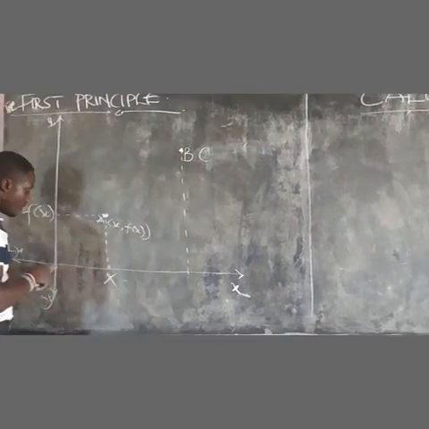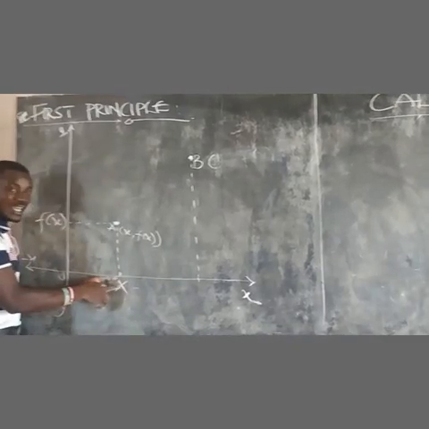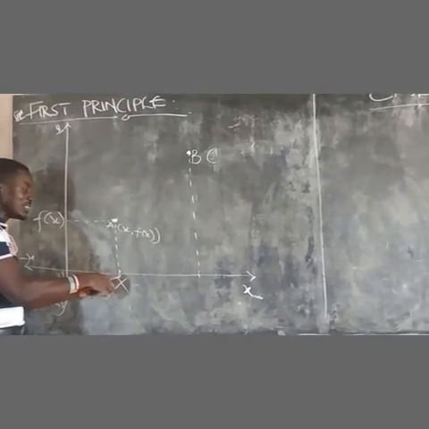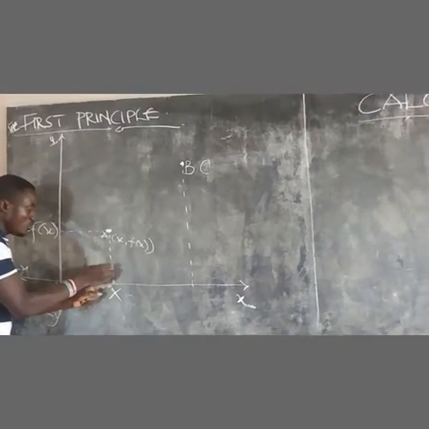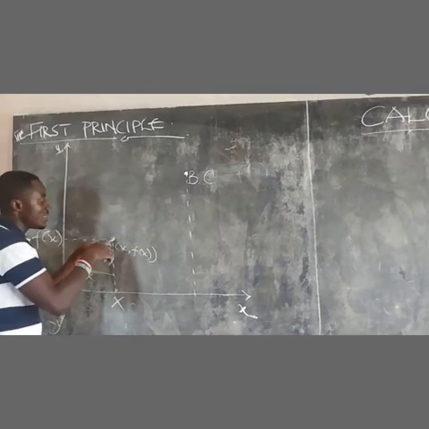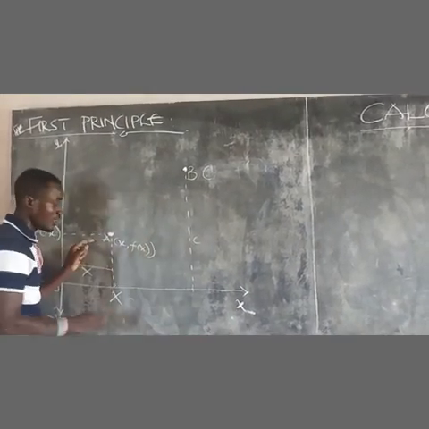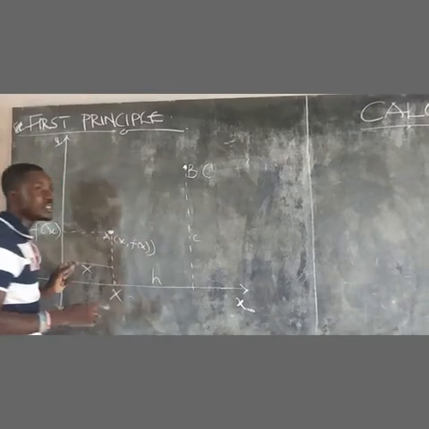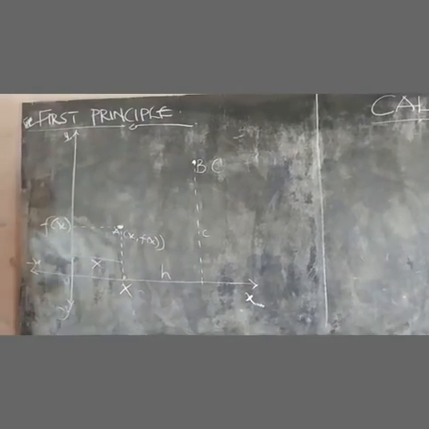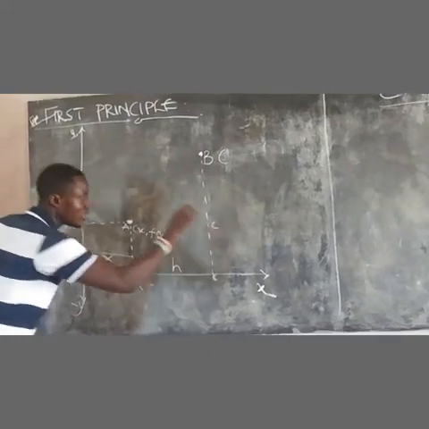Now, let's say that from the point of origin to point A is x. So this x is not just a point here, but from here to here is x. Now, let's say from point A to point C, let's denote it by h, just any variable. So we have our point C here.